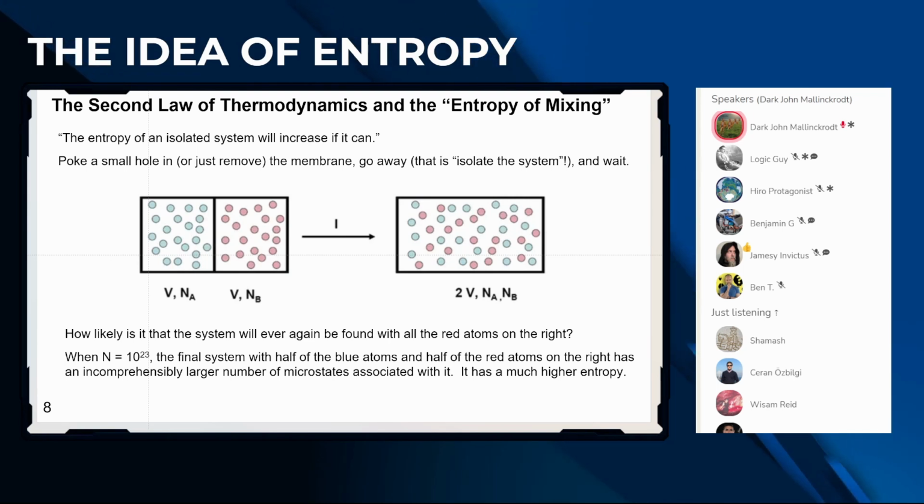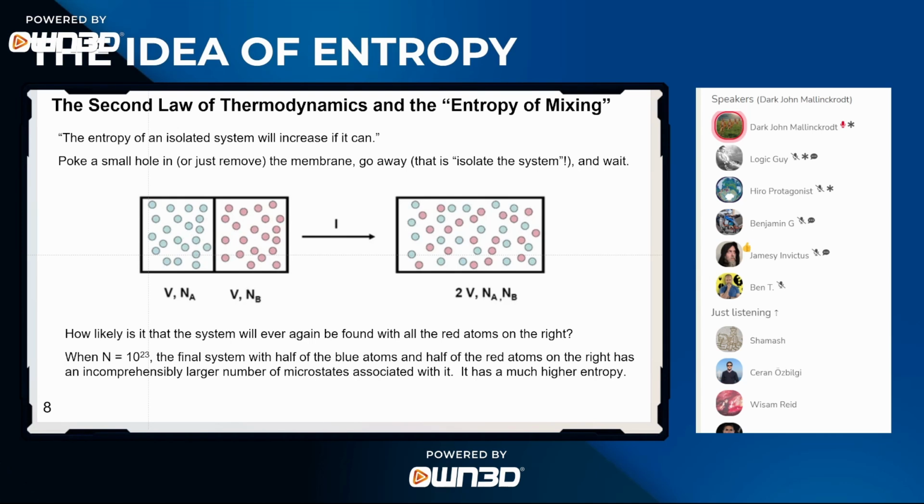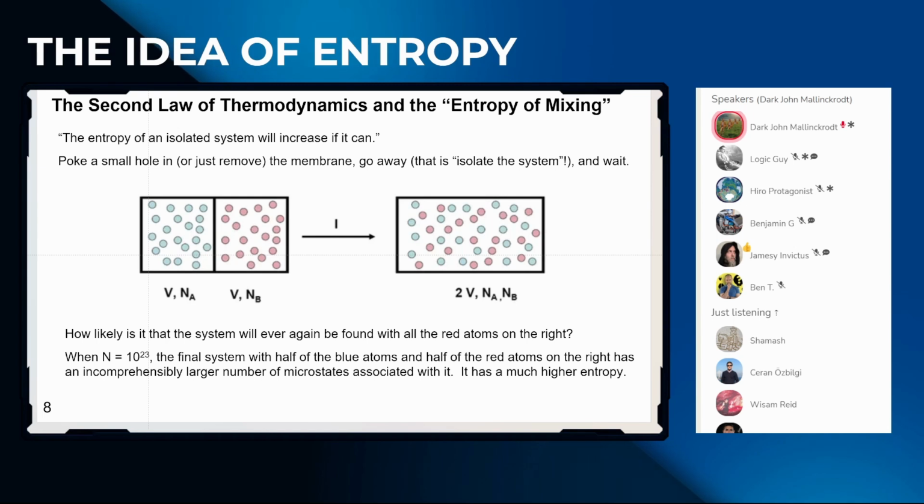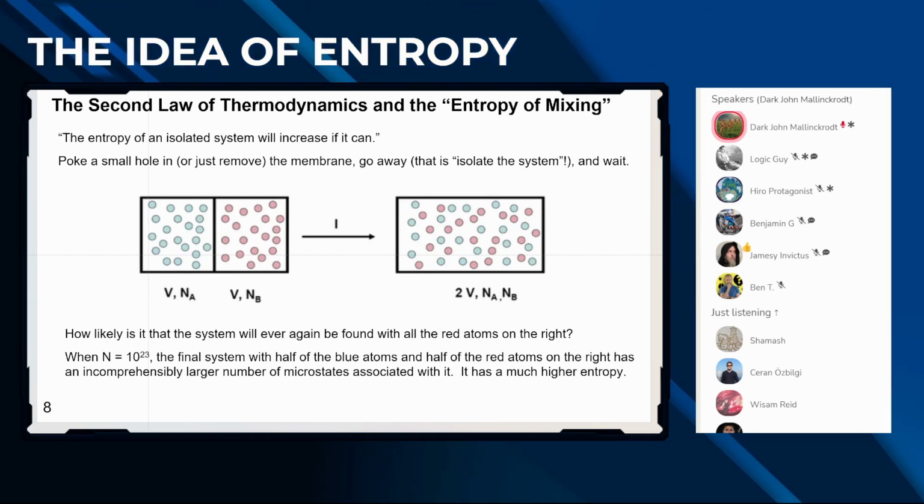For instance, what if I told you that the oxygen atoms on the right side of that container were moving on average twice as fast as the oxygen molecules on the left side of that container? So a temperature imbalance? In other words, basically that's saying that the temperatures weren't the same.